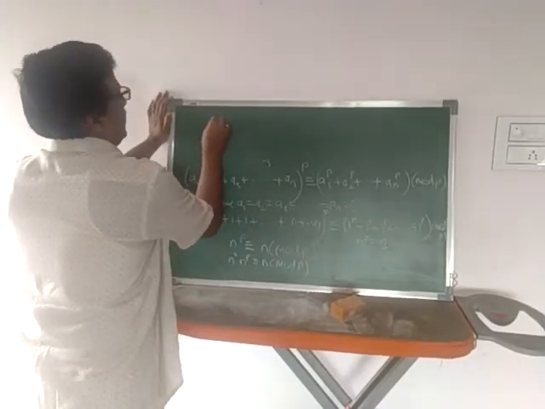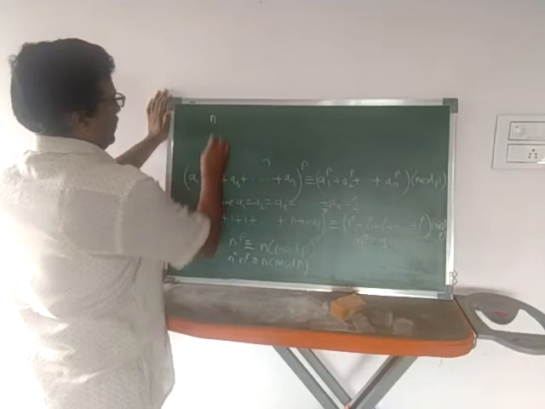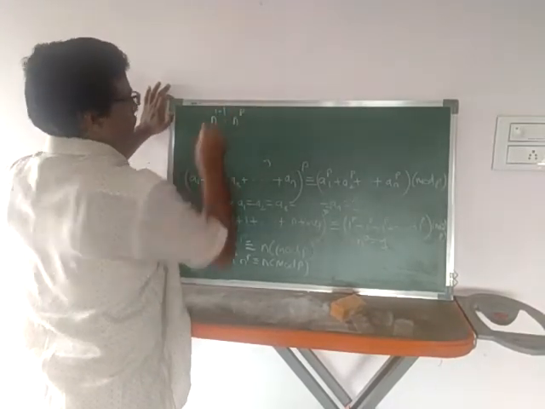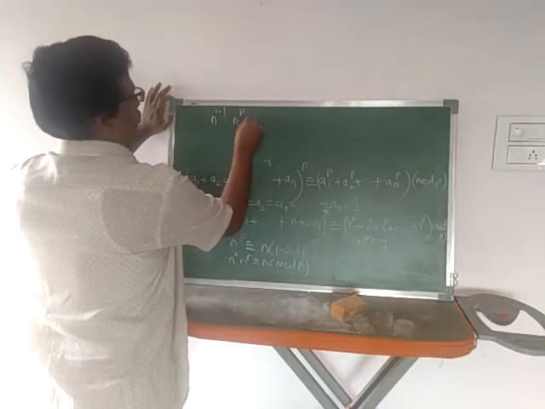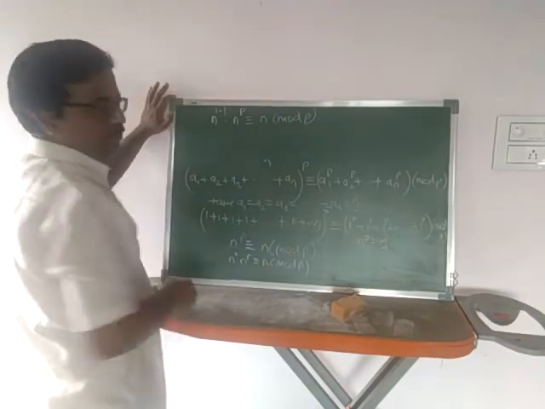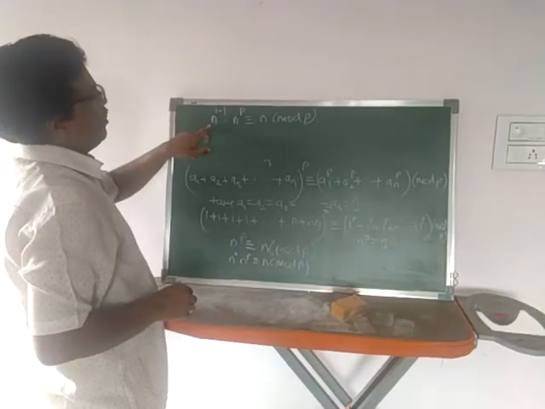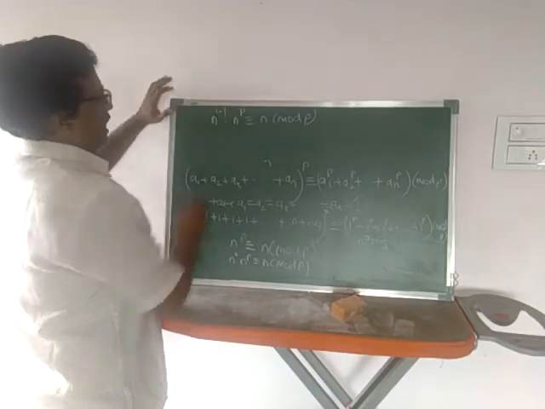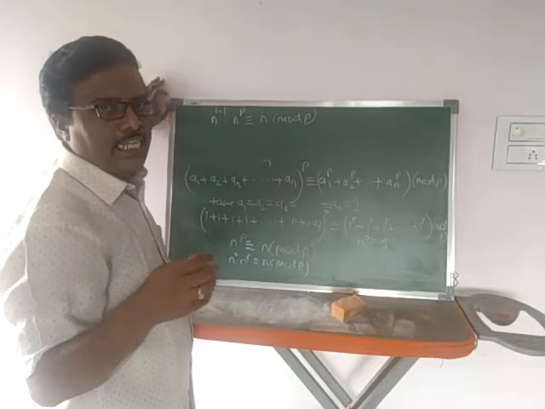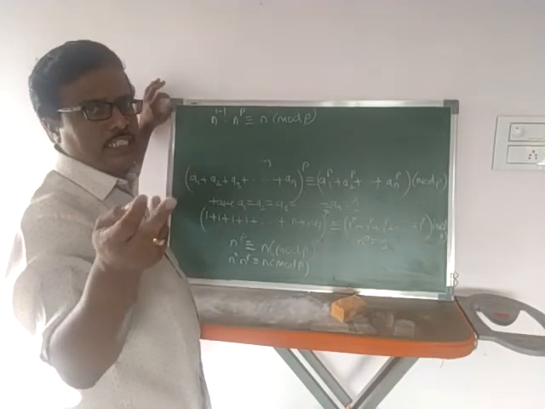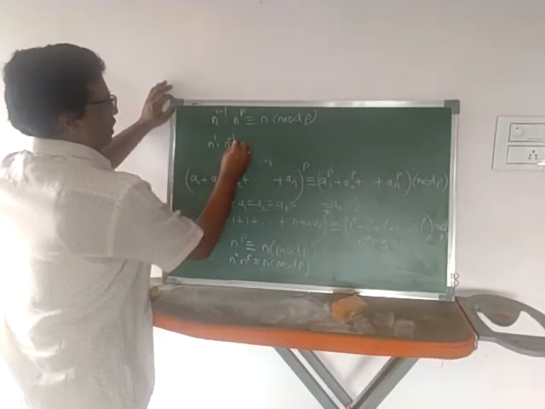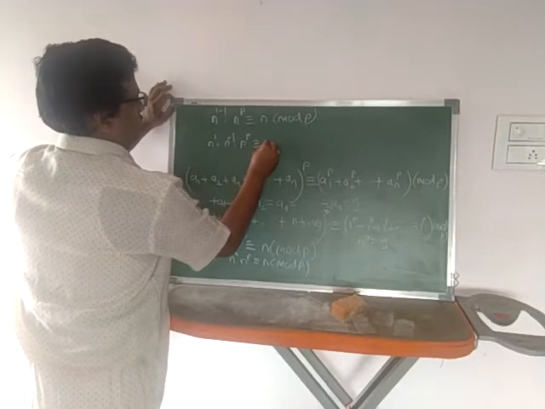So that is n raised to (1 minus 1) into n raised to p is congruent to n mod p. Now what I do, using laws of indices, I write this as a raised to m plus n. A raised to m plus n can be written as a raised to m into a raised to n. So this is n raised to 1 into n raised to minus 1 into n raised to p is congruent to n mod p.